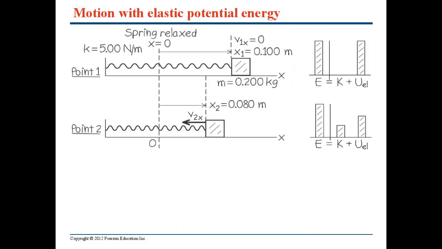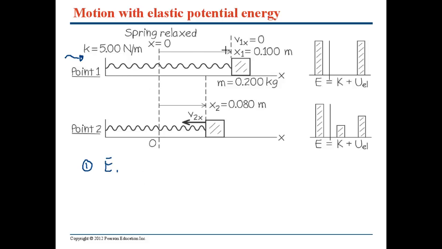This problem right here is an excellent example of that, where in this example we have stretched a spring out to point 1. Let's go ahead and write the energy at point 1.